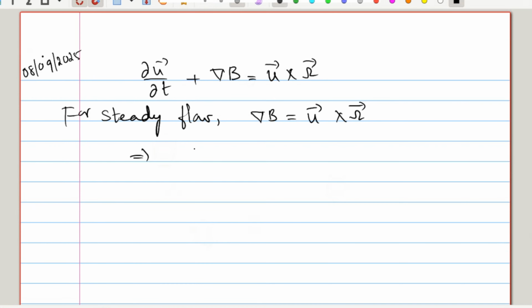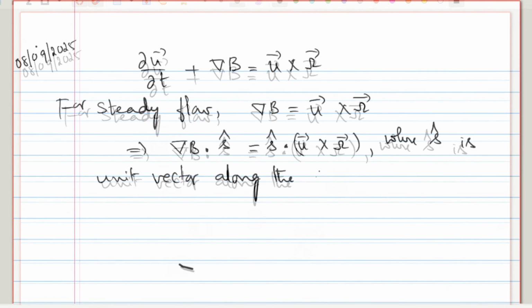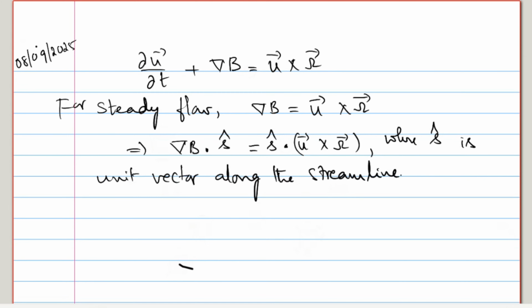If you do that, grad B dot product with, let us say, S cap, so S cap dot u bar cross omega bar, where S cap is a unit vector along the streamline, or parallel to u, the velocity vector.